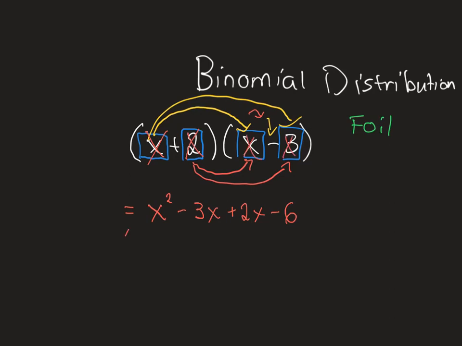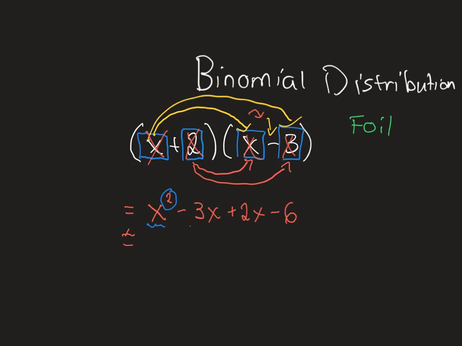So in our next line here, we have to do what we call gathering our like terms. Now, just like what we did in the common factoring videos, you had to look at what is the same. So when I look at my first term, you have x squared. Now, obviously, this squared means it is a different term. You're looking at this almost like you're looking at a banana.